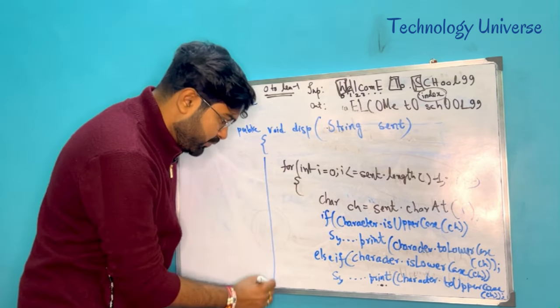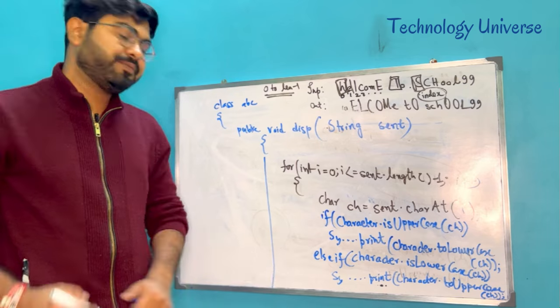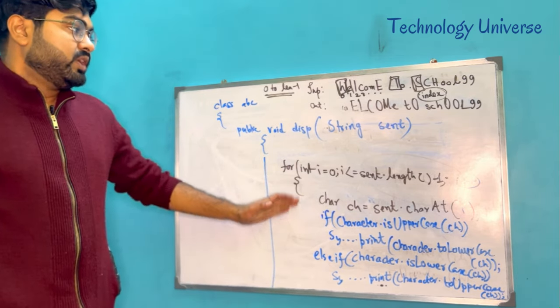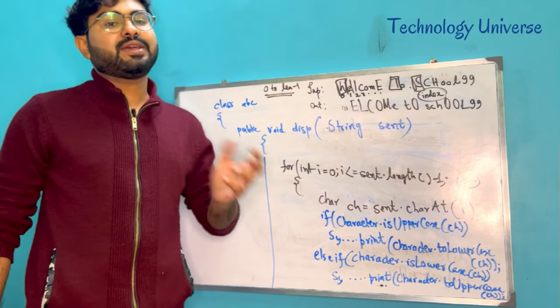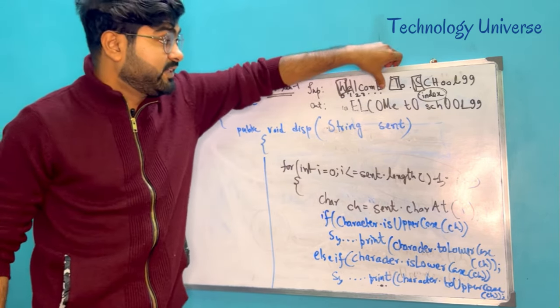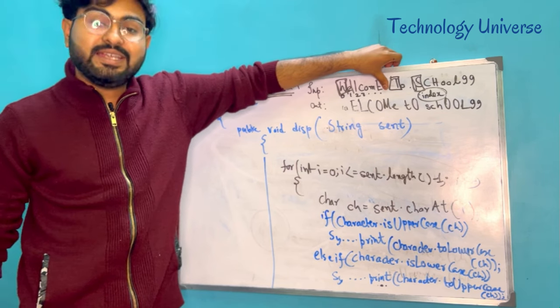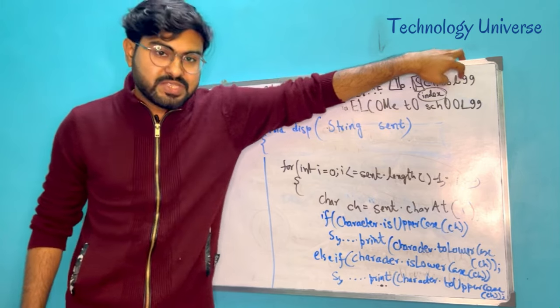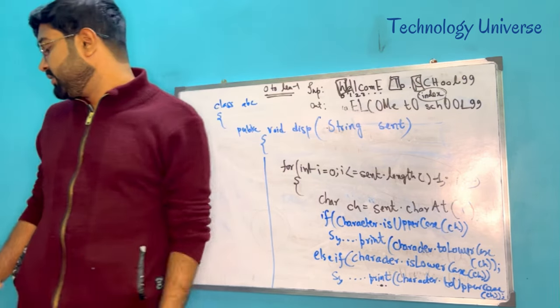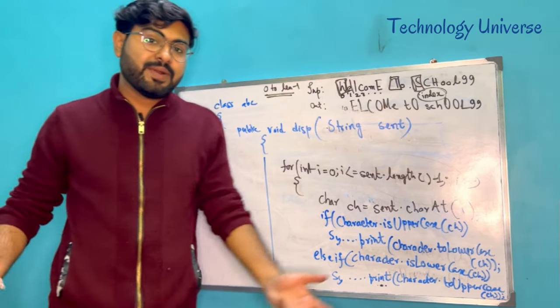And after that, the program does not end here. If, else if. So if it is uppercase and lowercase, it's sorted out. What about if it is neither uppercase nor lowercase? Means it's a character that is not a letter. Means this space or these digits, any special character symbols, that will not be converted to uppercase or lowercase.